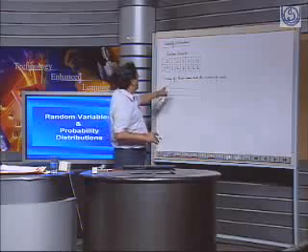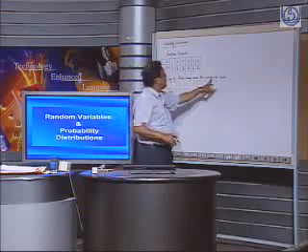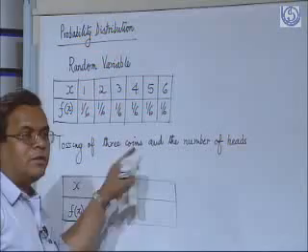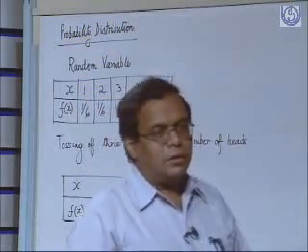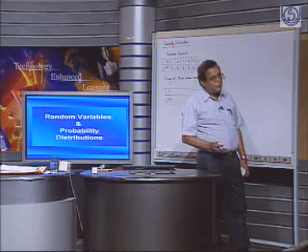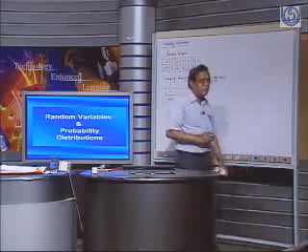What is x, look at it. Number of heads in the tossing of 3 coins. Sir, 1, 2 and 3. 0 is also possible. Yes, 0. So how many values of x? 0, 1, 2. There should not be any doubt regarding this. 0, 1, 2, 3. Okay?